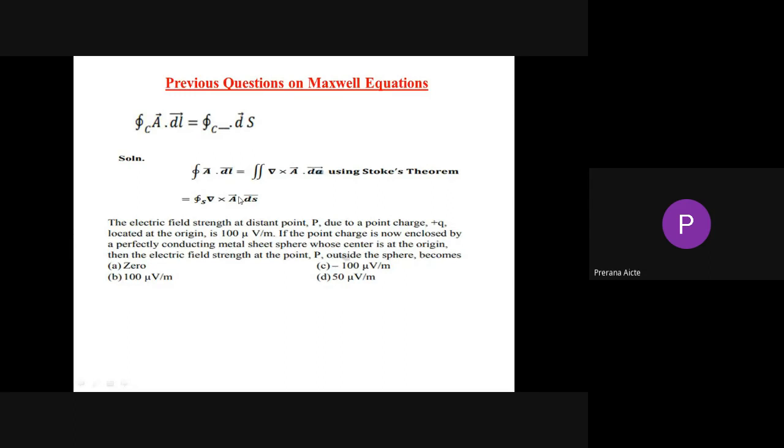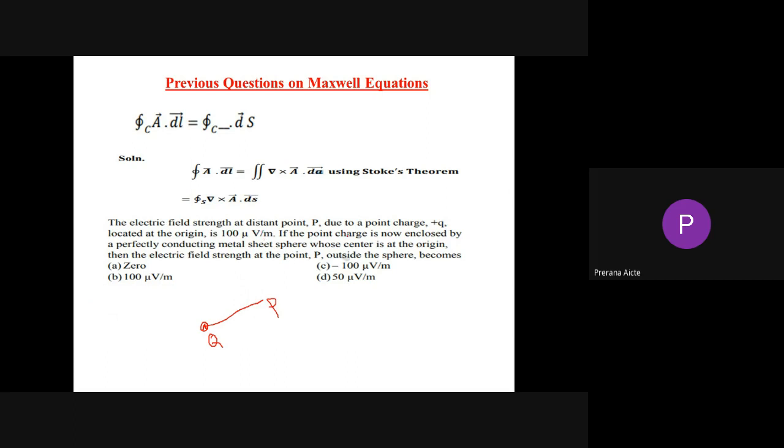See the question. Now you can take one point charge Q located at the origin. Suppose this is a point. Now this is the Q. Now this point to the distant point is some P. The distant point is P. Then due to the point charge plus Q located at the origin, the field is 100 microvolts per meter.